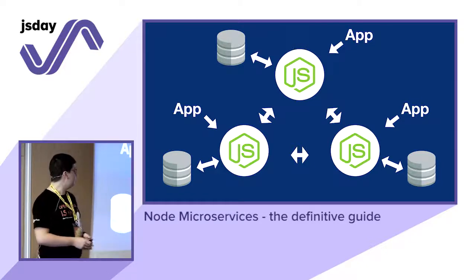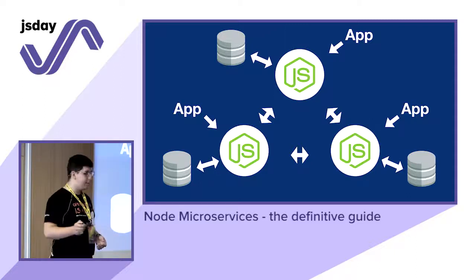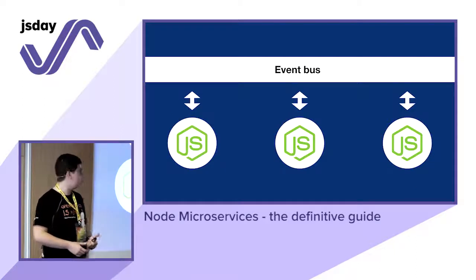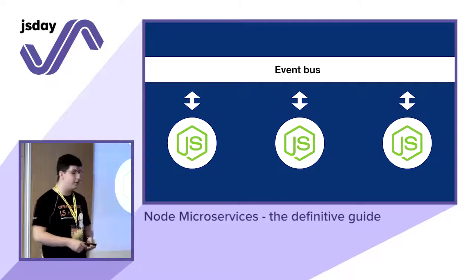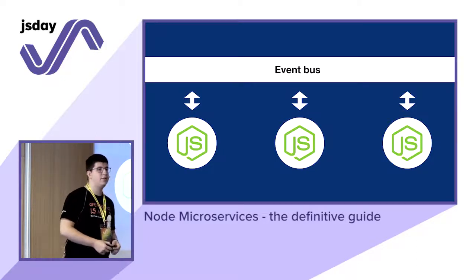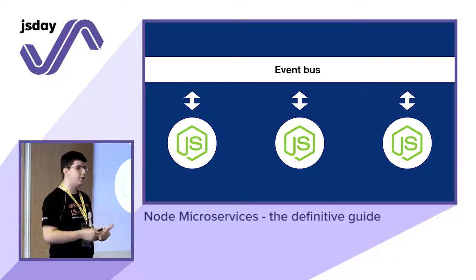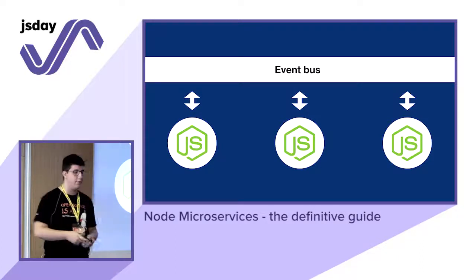Services need to communicate together, and for the communication we usually use an event bus. So the architecture usually looks something like this. We have the event bus, and the services can send messages and receive messages, and that's how they communicate.